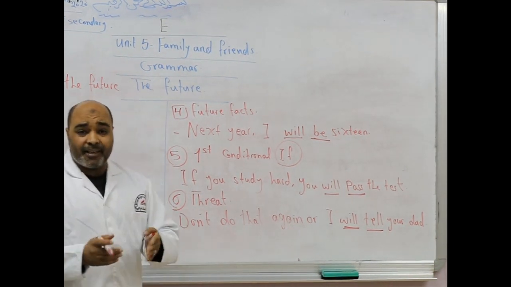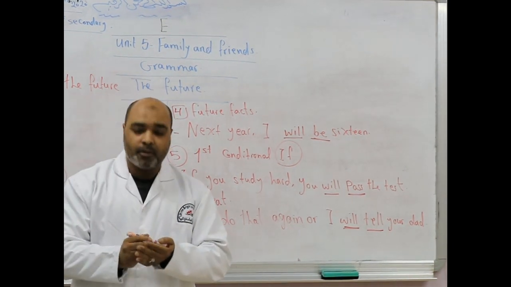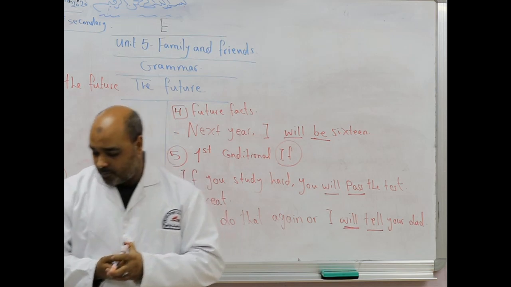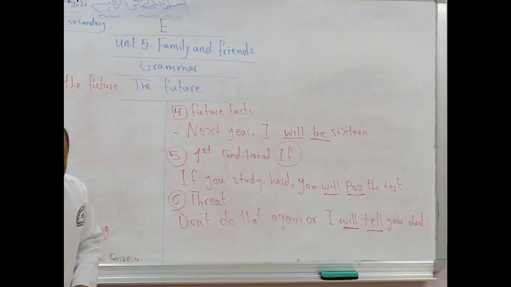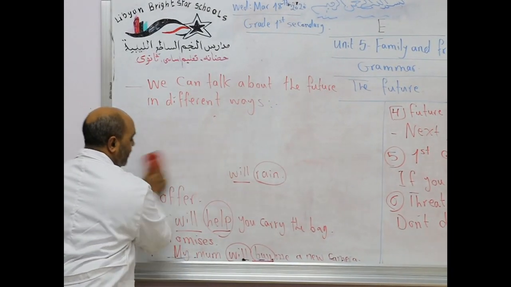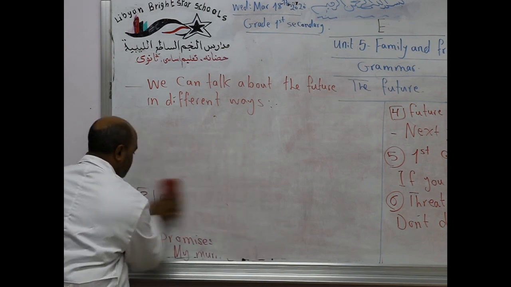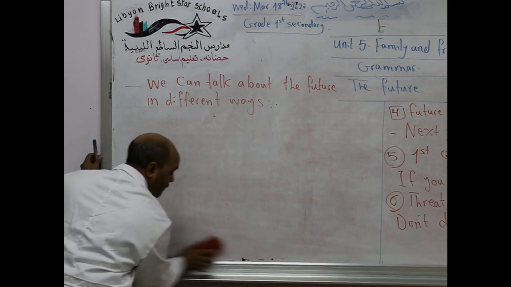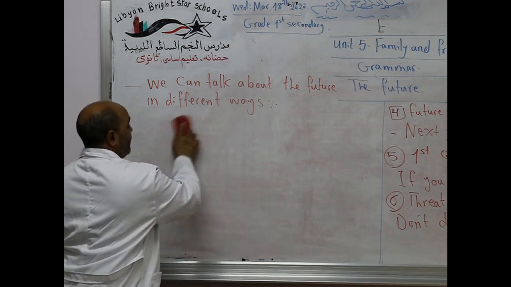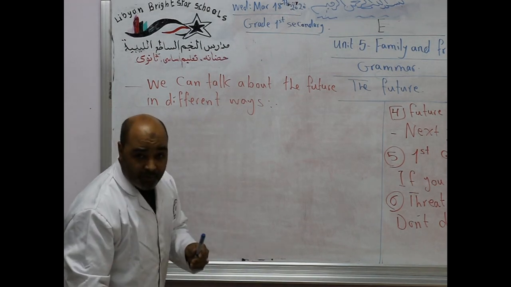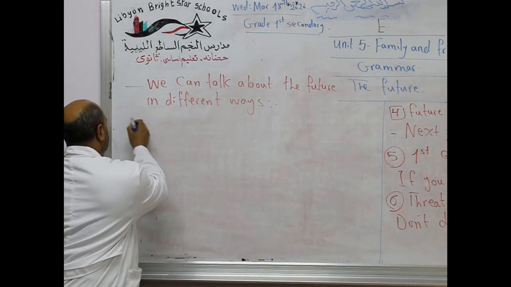Or is there another way to talk about the future? Yes. Can you tell me about that? Yes. The second one is going to. Going to is used to talk about the future. How?